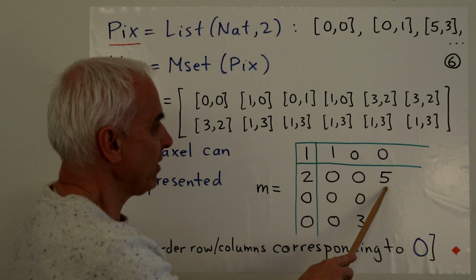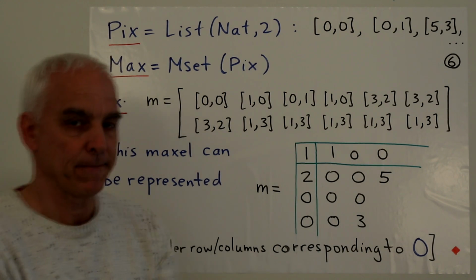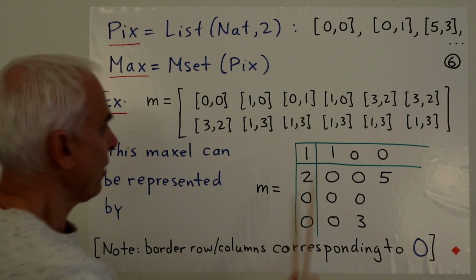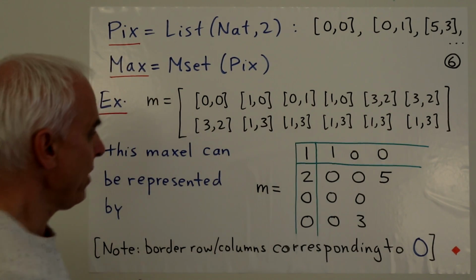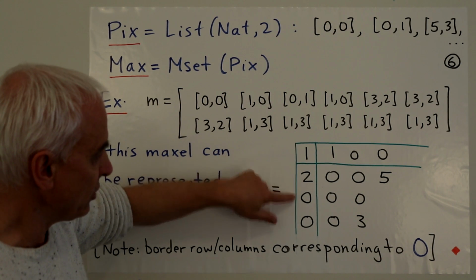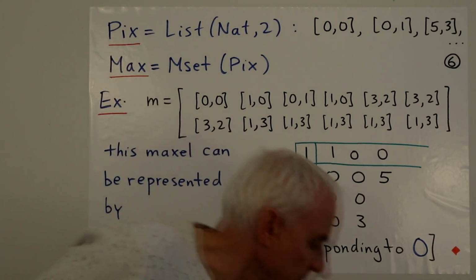But there are some 1, 3 pixels. There's 1, 2, 3, 4, 5, so we put a 5 there. And this 3 here represents the 3 pixels of the form 3, 2. There's 1, 2, 3 of them, in the position 0, 1, 2, 3, and 0, 1, 2. So this is the 3, 2 position.